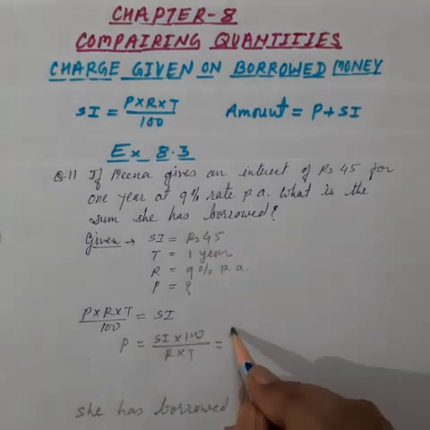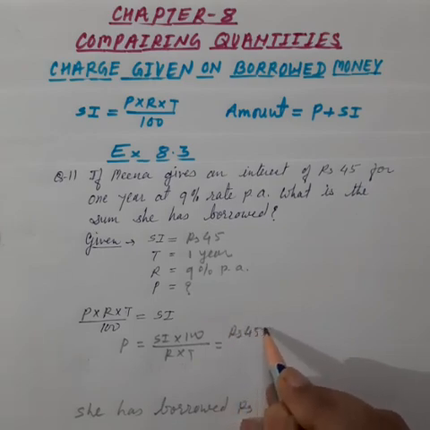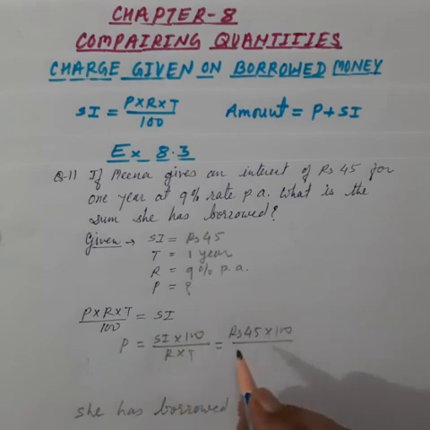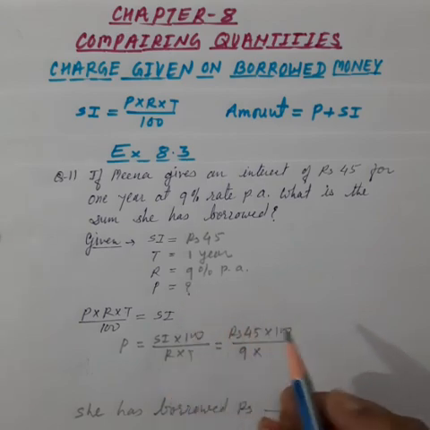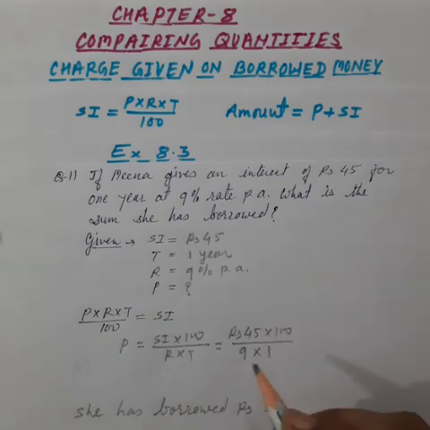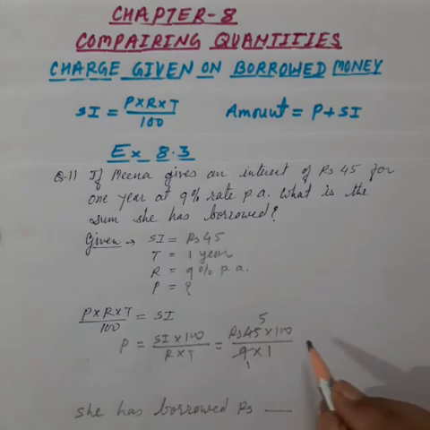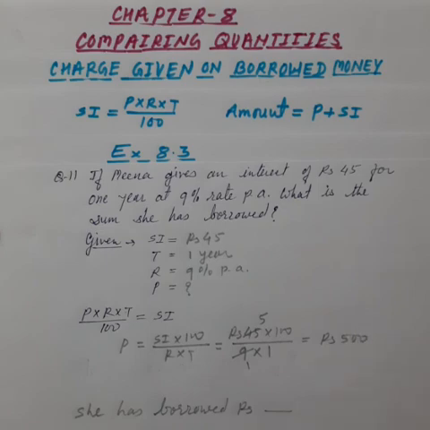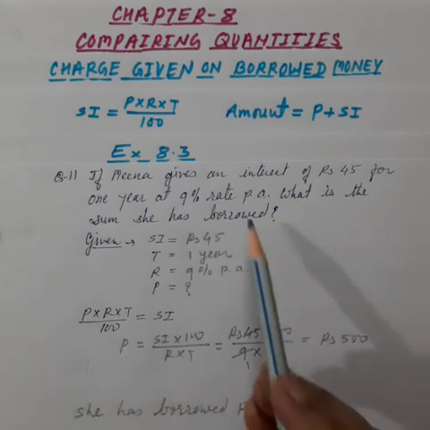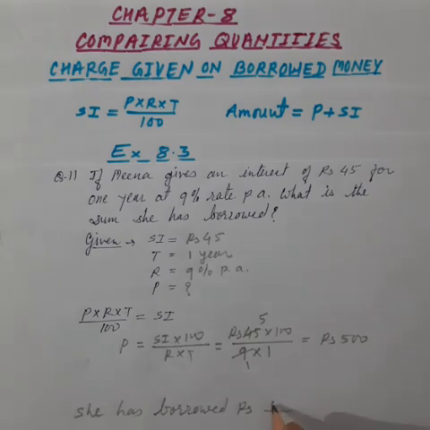Simple interest is given rupees 45 into 100 divided by R is given 9 and T is given 1 year. Now 9 ones are 9, 9 fives are 45. And in the numerator 5 into 100 is rupees 500. So the principal is rupees 500. She has borrowed rupees 500.